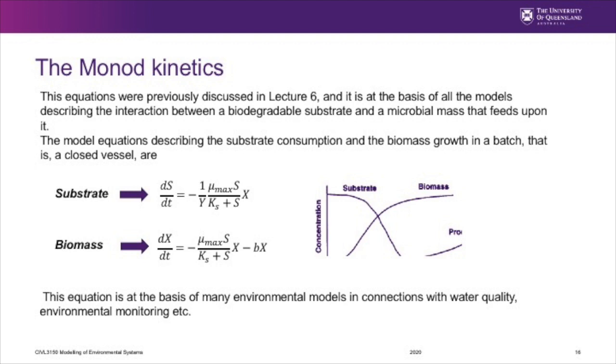For instance, for biomass, if it's highly dependent on the temperature, we will have a modified version of this equation. Or in the case of algae, if it is highly dependent on light, on solar radiation, we will have an additional parameter that will be the one that drives the growth of the biomass.